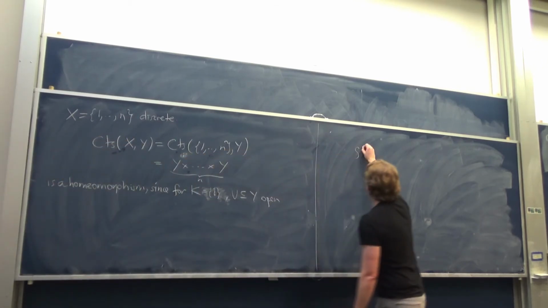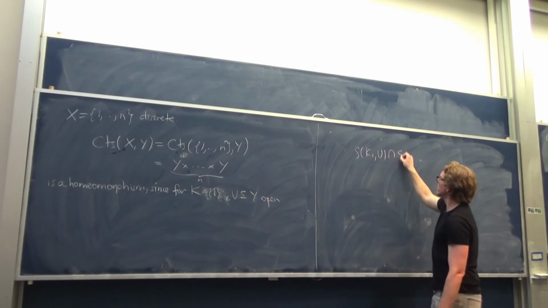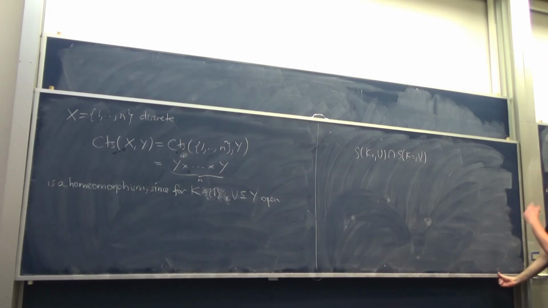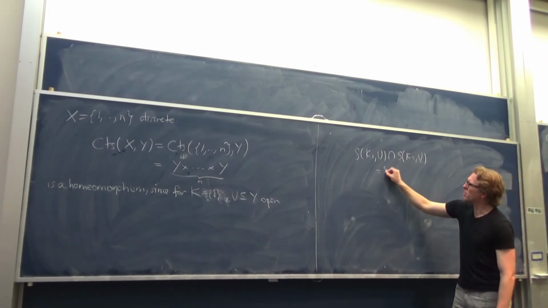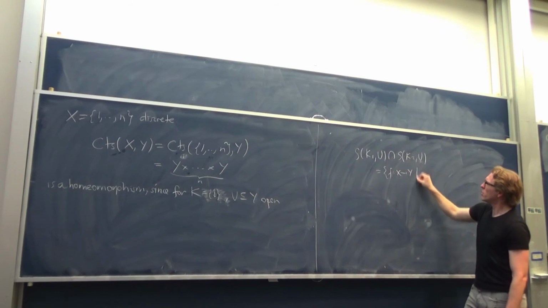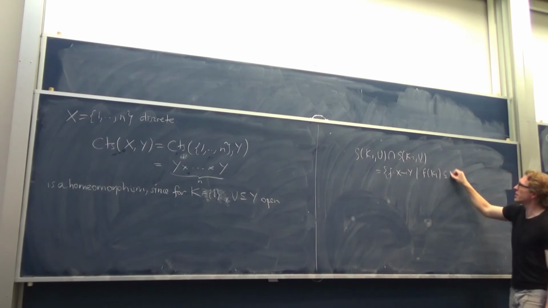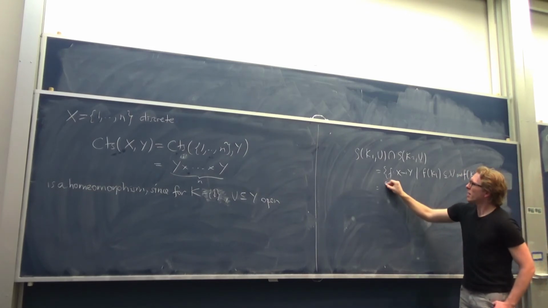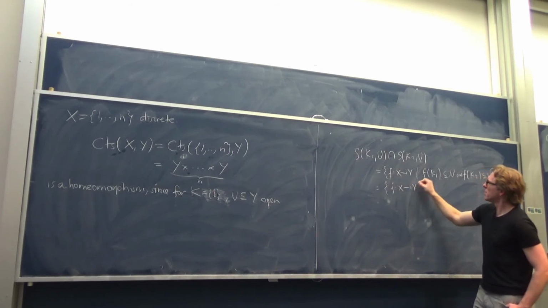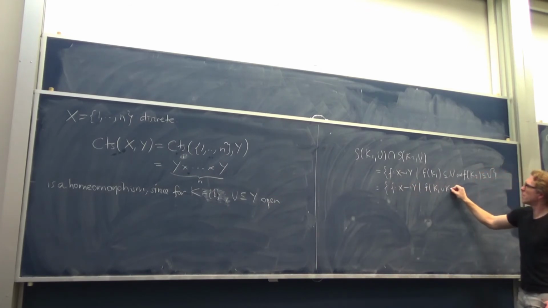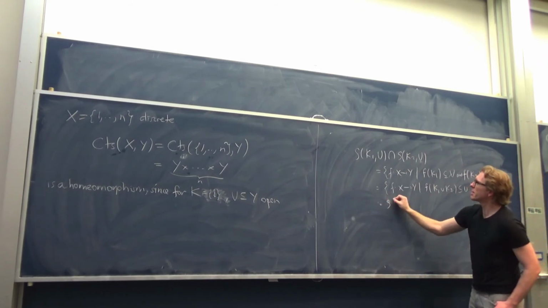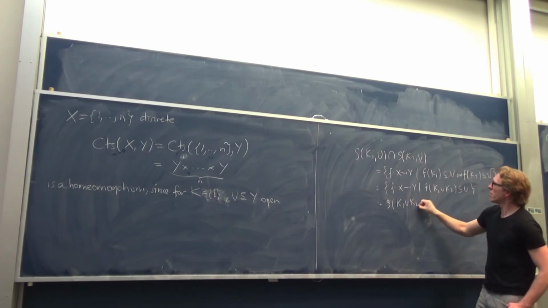Think about S(K1,U) intersect S(K2,U) in general, for any X and Y. What's that? That's the set of all functions from X to Y which have the property that f(K1) is contained in U, and also that f(K2) is contained in U. But that's just saying that the image of the union is contained in U. So that's just S(K1 union K2, U).